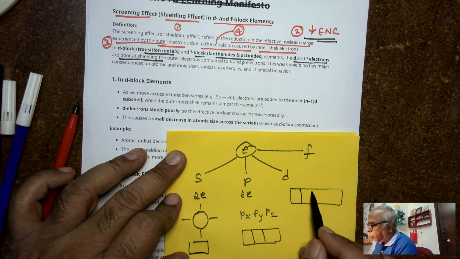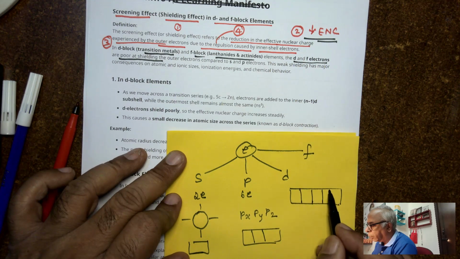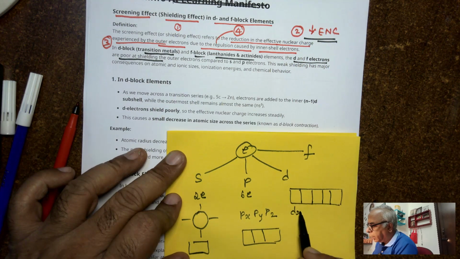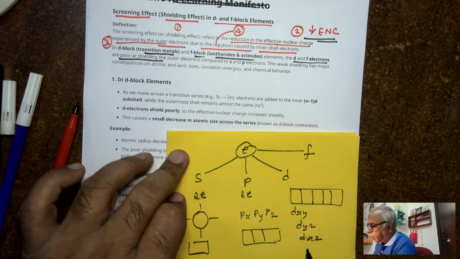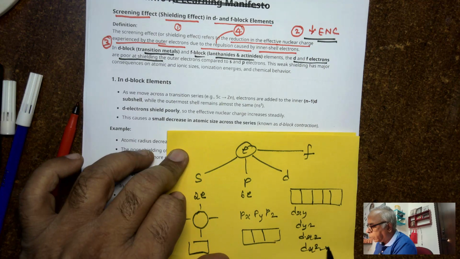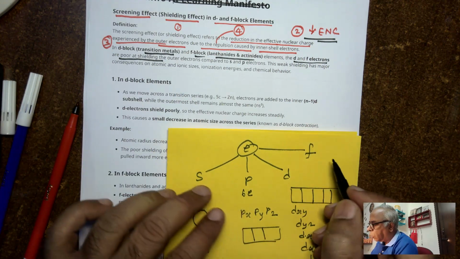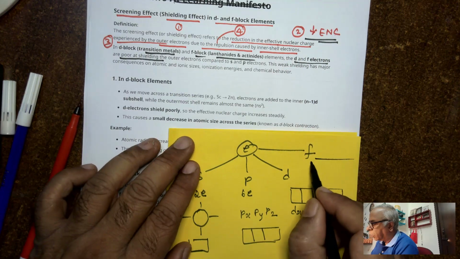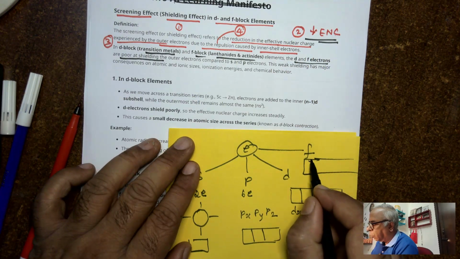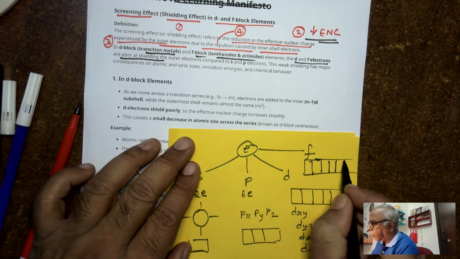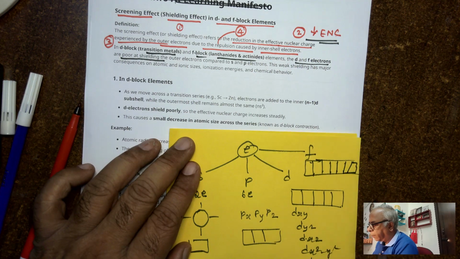It has got five types of orbital, that is dxy, dyz, dxz, dx squared minus y squared, and dz squared. Likewise, you've got 14 electrons here with the seven boxes, 1, 2, 3, 4, 5, 6, and 7.